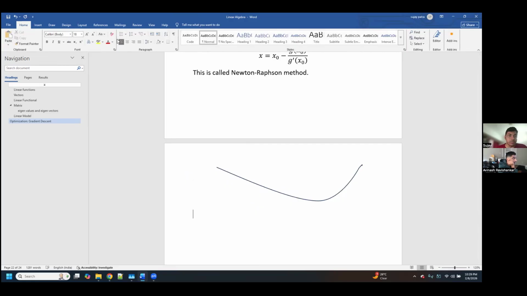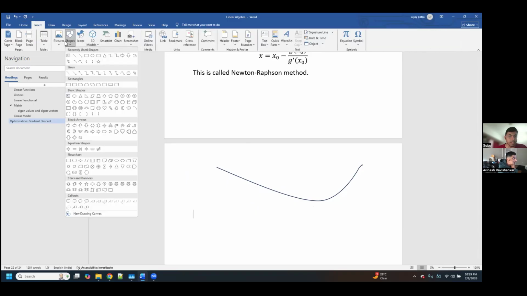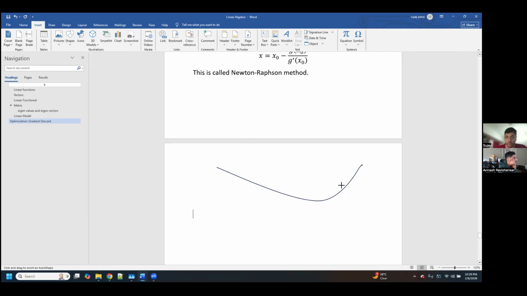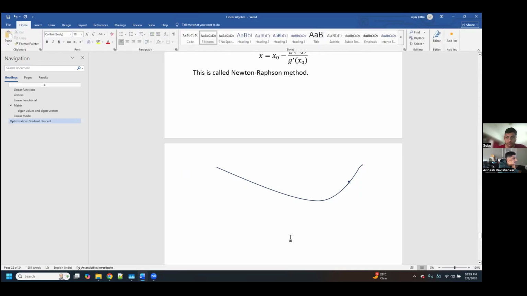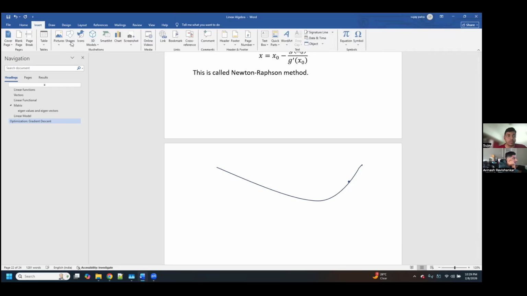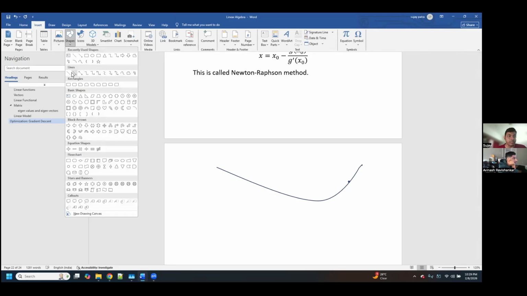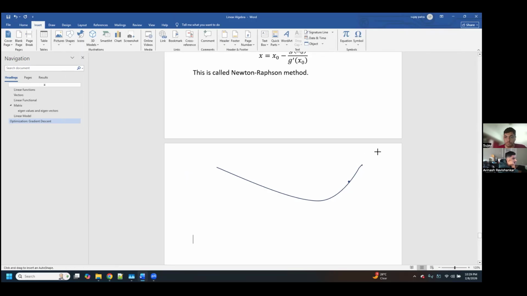And then let's say we are here somewhere. So at that point, I know the value and the derivative. So I can draw a tangent at that point. Make sense?